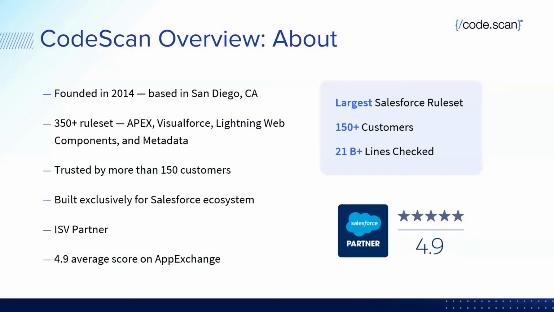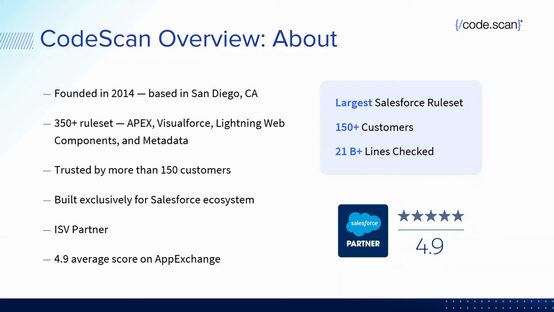So first, a little bit about CodeScan. We were founded in 2014 back in Australia. Now we're based in San Diego, California. In that time, since 2014, we've been in constant development, and we're very proud to have a very broad rule set covering about 350 rules for all the major Salesforce languages and configuration.